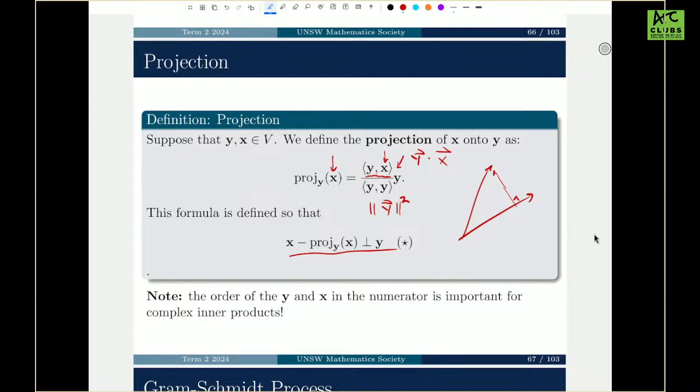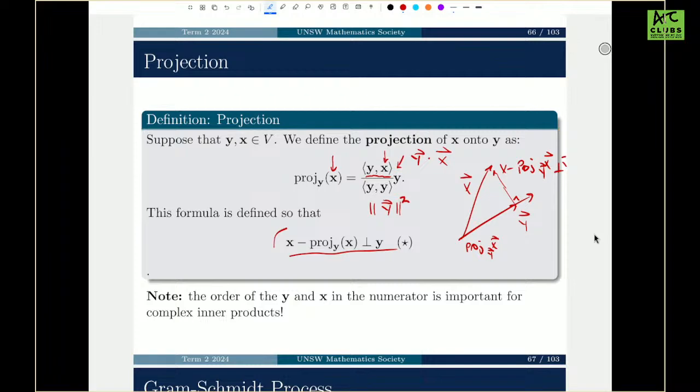If this is x and this is y, then this one here is the projection of x onto y. Therefore this is x minus the projection of x onto y, which we can see is perpendicular, or orthogonal, to y. The writing is sort of falling off the end of the screen, it's a bit messy, but you get the idea.